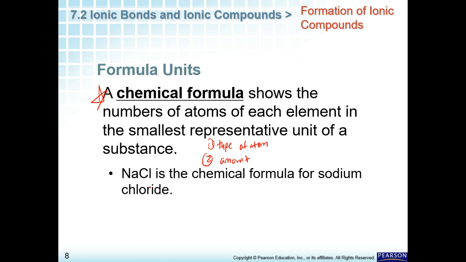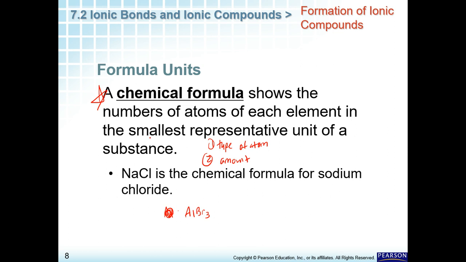If you look at this chemical formula down here for salt, this has 1 sodium and 1 chlorine. If we look at, let's rewrite that, AlBr3, this has 1 aluminum and 3 bromine.